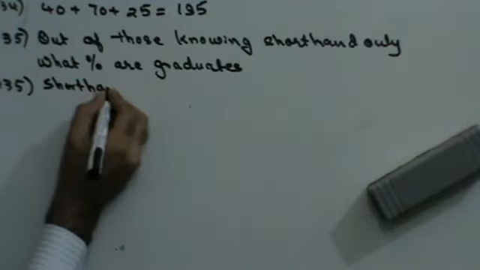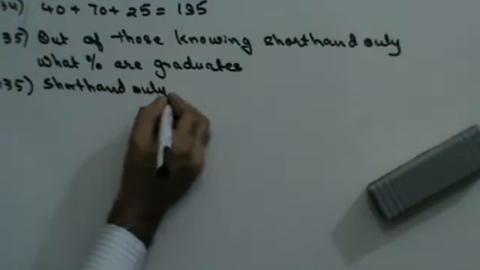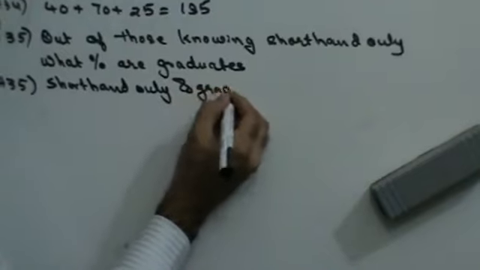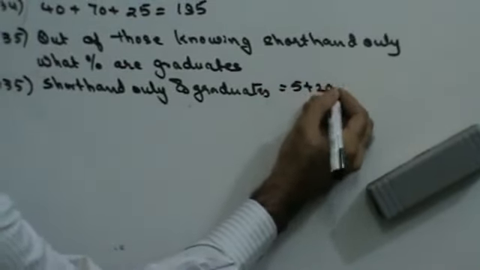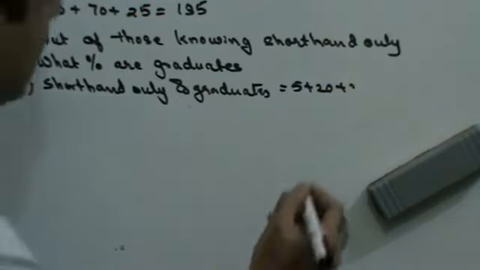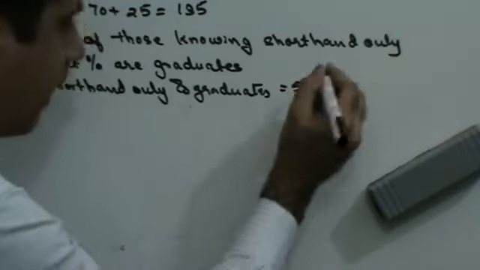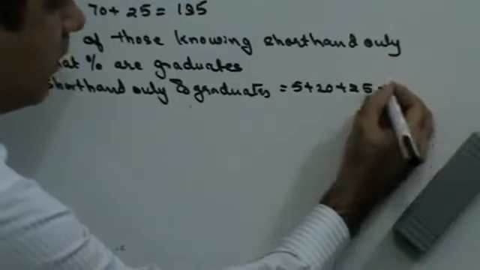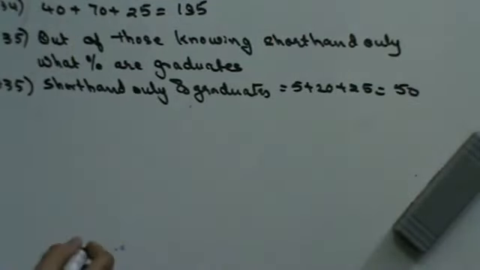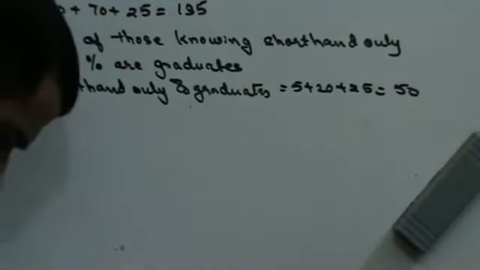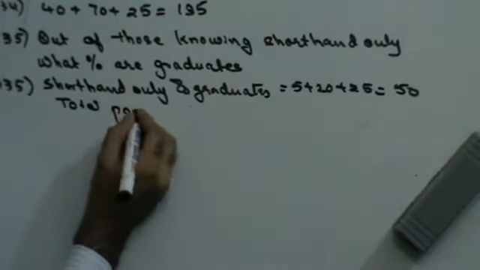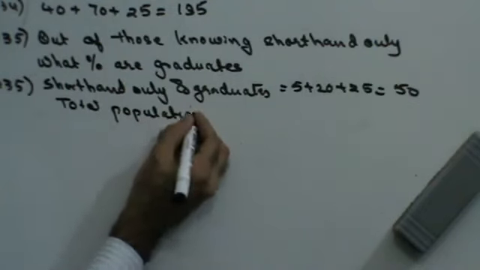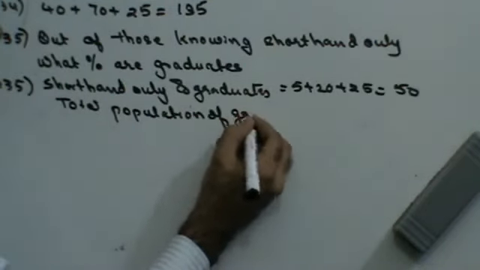Shorthand only and graduates are 5 plus 20 plus 25. Right? 25, 50. Now, I want the total population of graduates.